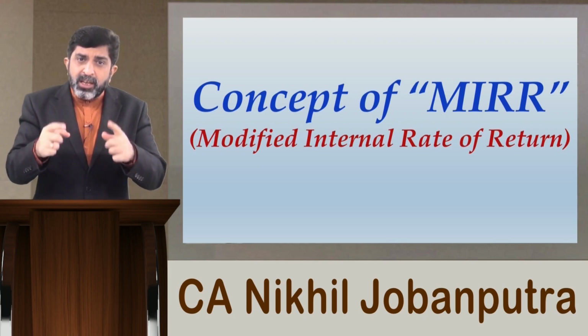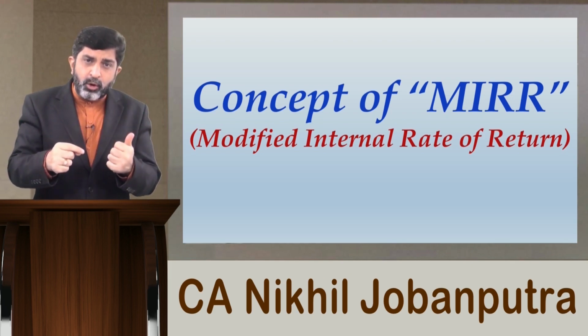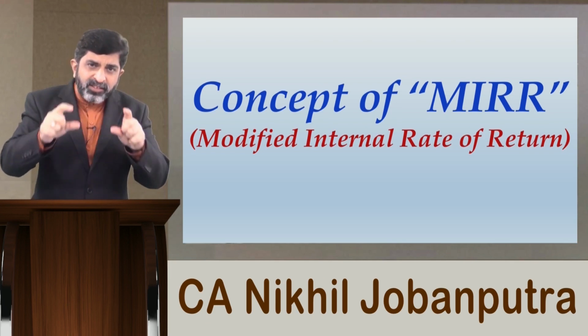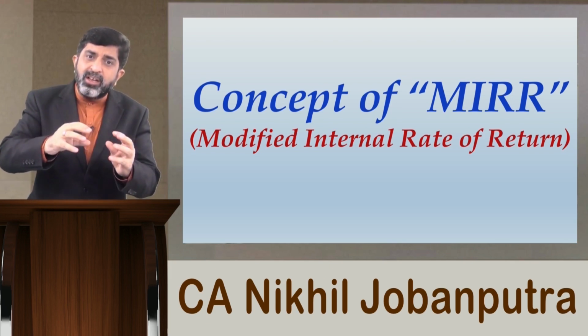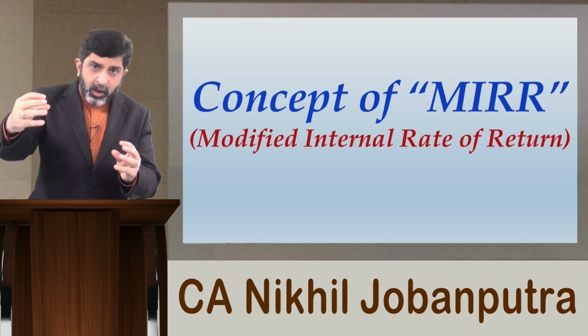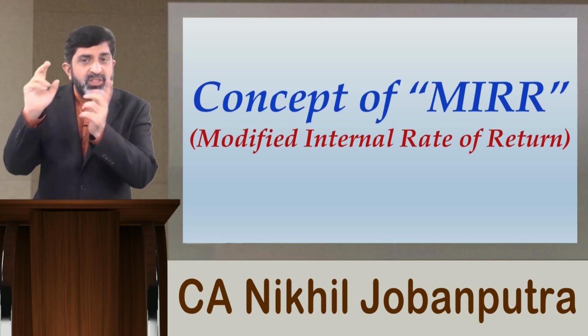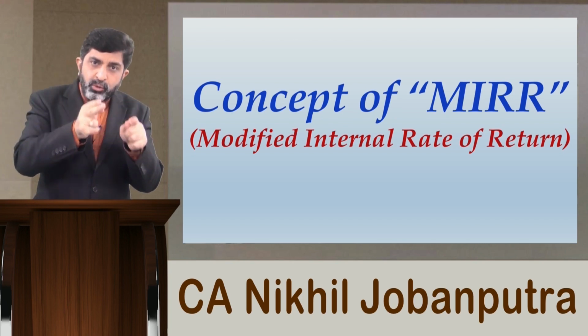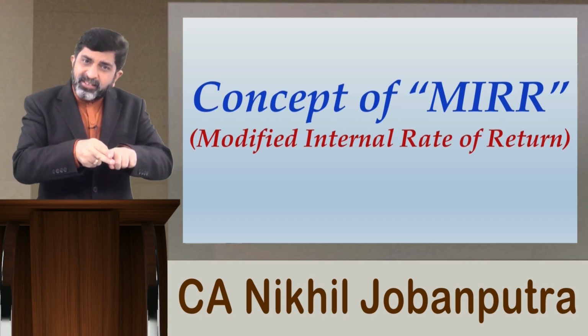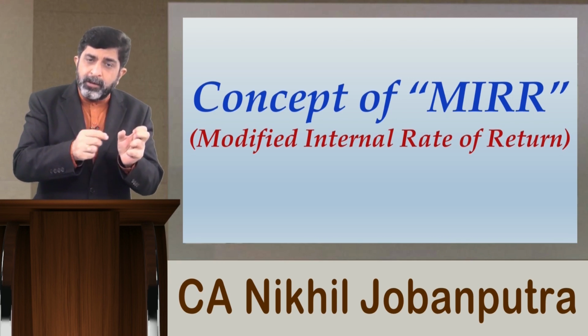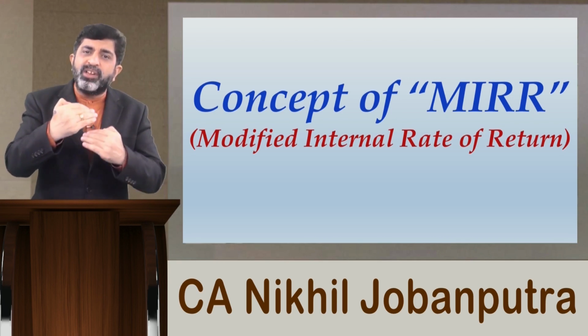And that is why, if you can recall those 3 steps that you have written some time back, the first step was to reinvest all the cash inflows at the proper, usual discounting rate, to get a lump sum future value. Then you discount that lump sum future value to a present value, where the present value should match with the cost of the project, and if required you may use interpolation.